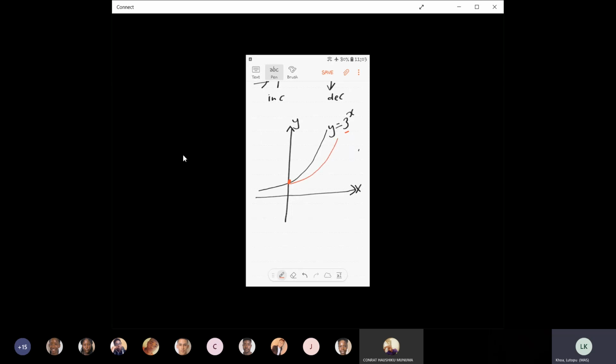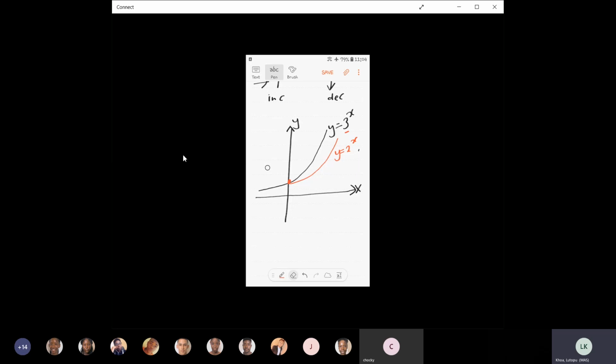And then on this side here, let me say that again, label. This is y is equal to 2 to the power of x. On this side, the bigger one must be closer to the y-axis. That's why I put the 3 here. 3 is closer to the y-axis than 2 to the power of x.